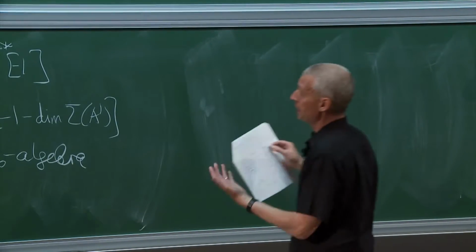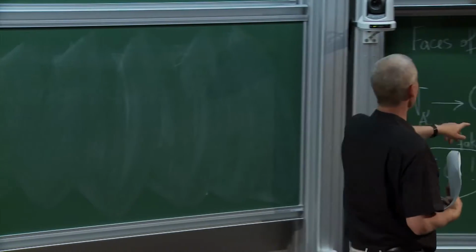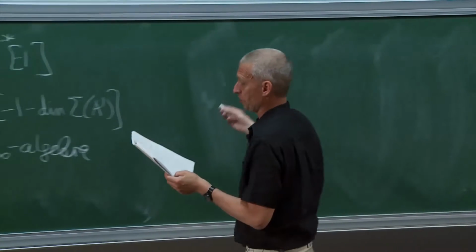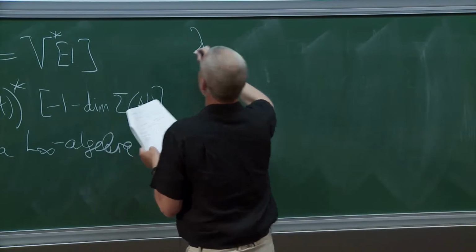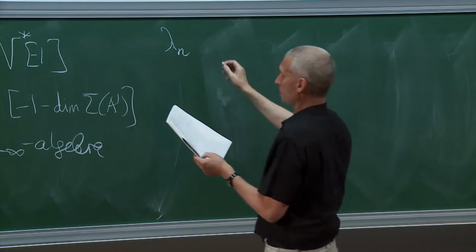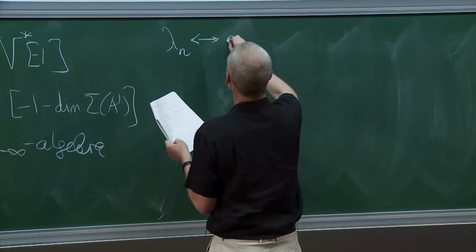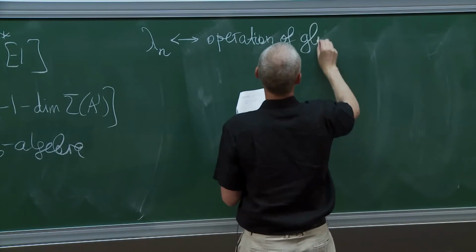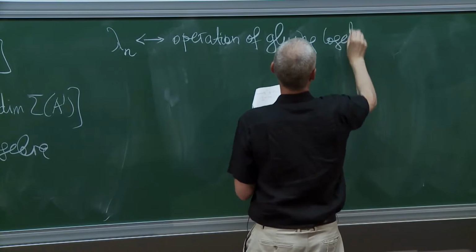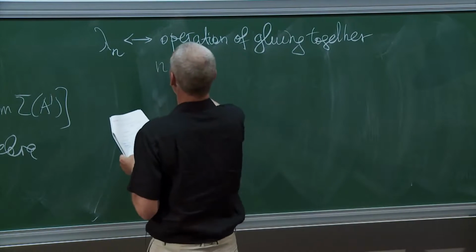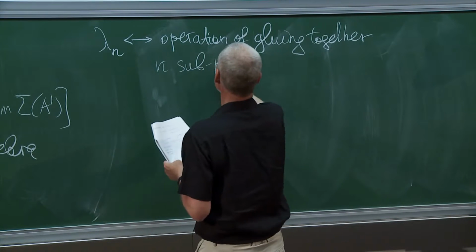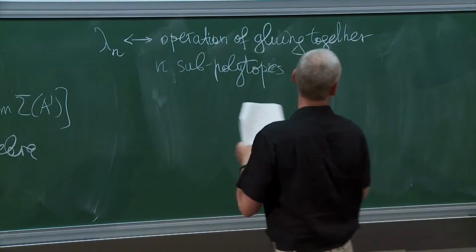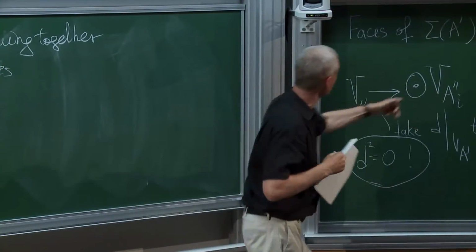And we can understand, by looking at what happens here, what the faces of codimension 1 are, and what the nature of the operations in this Lie infinity algebra is. So lambda n, the n-linear operation, is approximately the operation of gluing together n sub-polytopes in a subdivision corresponding to a face of codimension 1.